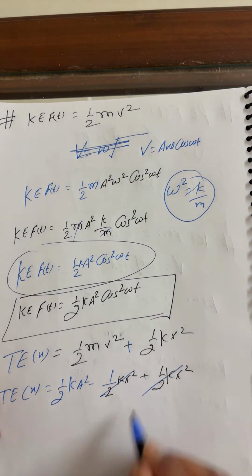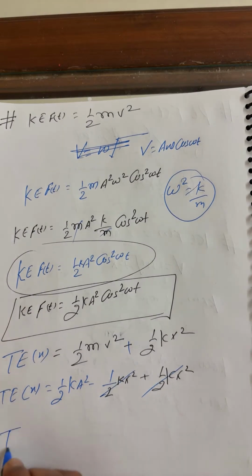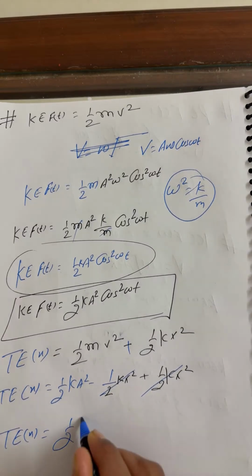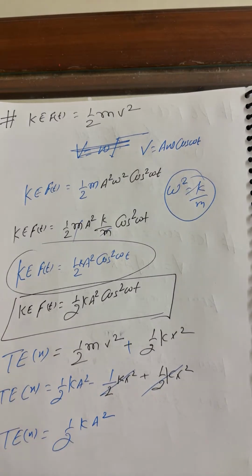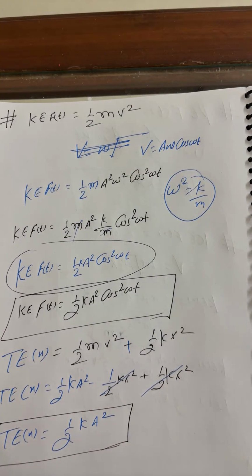Now you can see these cancel each other. So finally the total energy as a function of x, which is always constant, is half of k a squared.